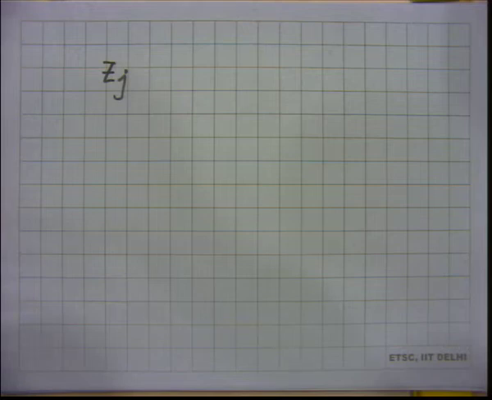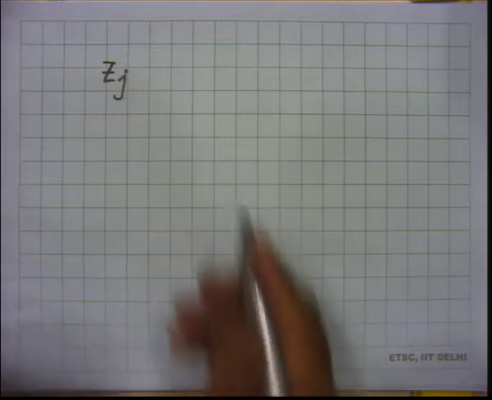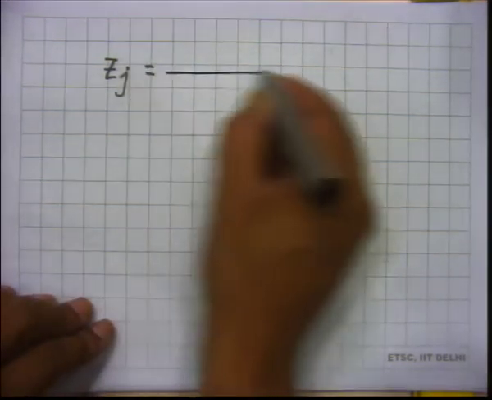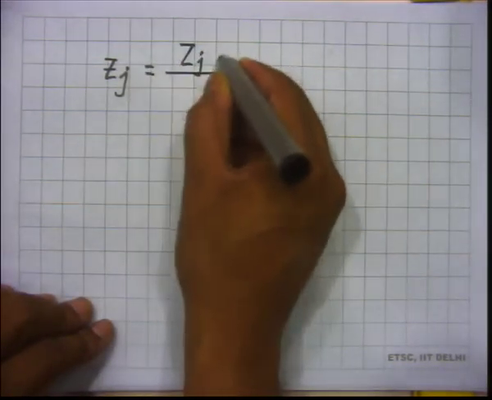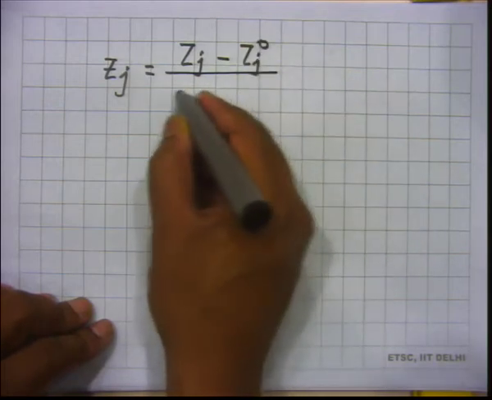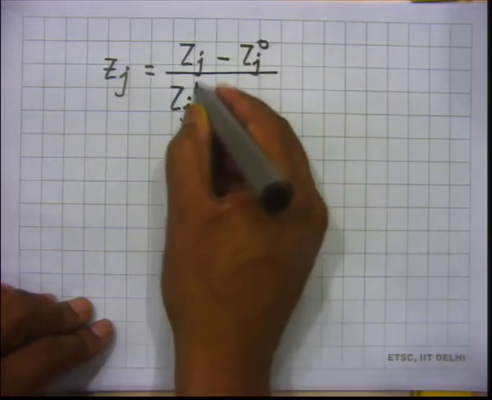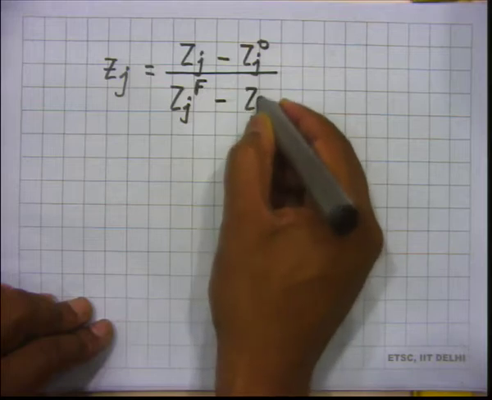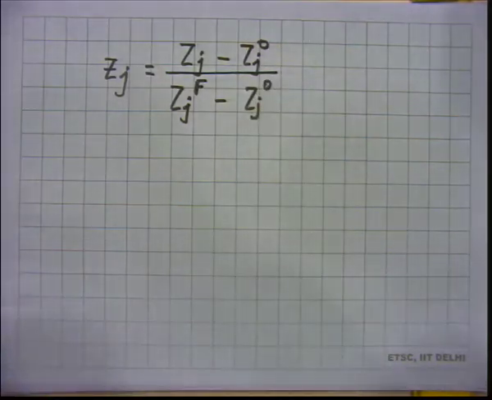Those other ones were the capital Z's. So this small z is Zj. We had this yesterday in the last class.